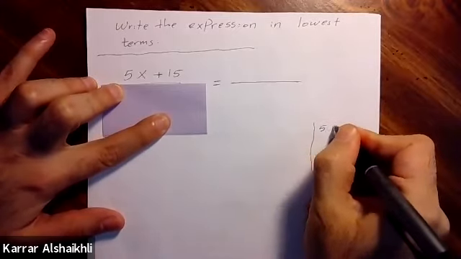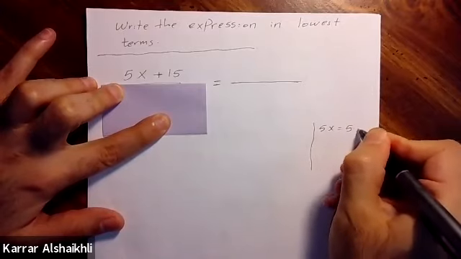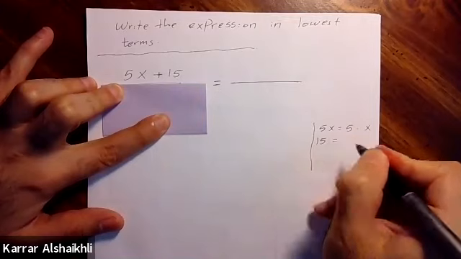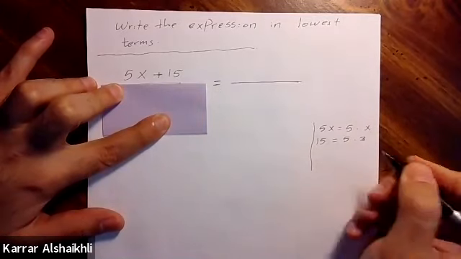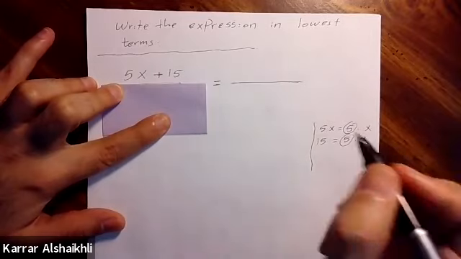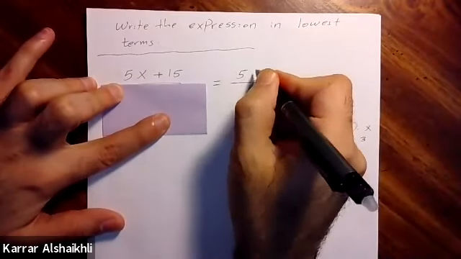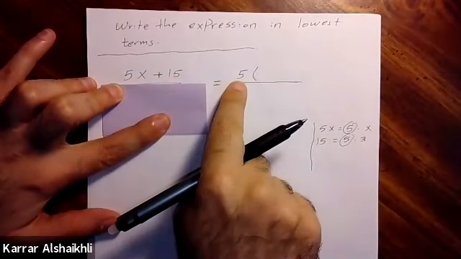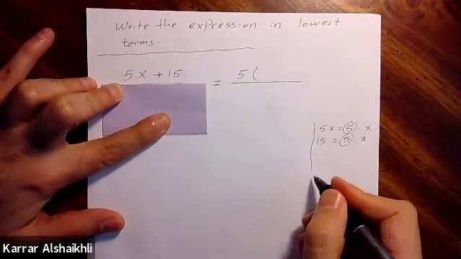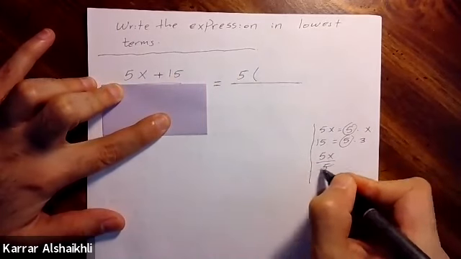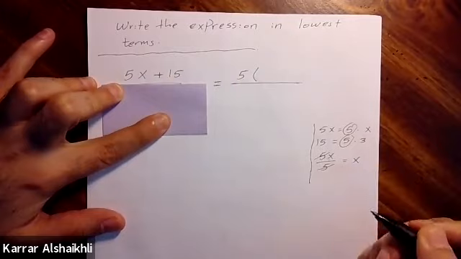Because 5x is 5 times x, and 15 is 5 times 3. Check what's the common now. 5. So here's the common factor. I'm going to open parentheses. 5x divided by 5, you see, we're doing exactly the same steps. I cancel the 5, and the leftover is just x.